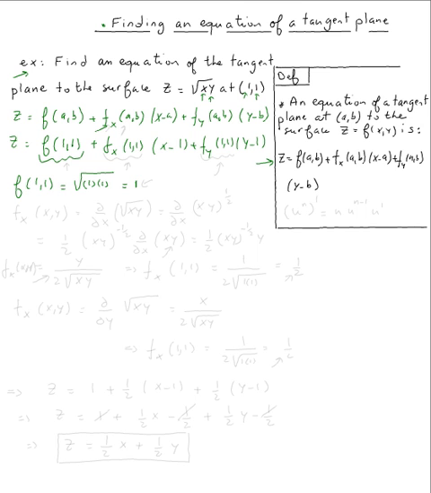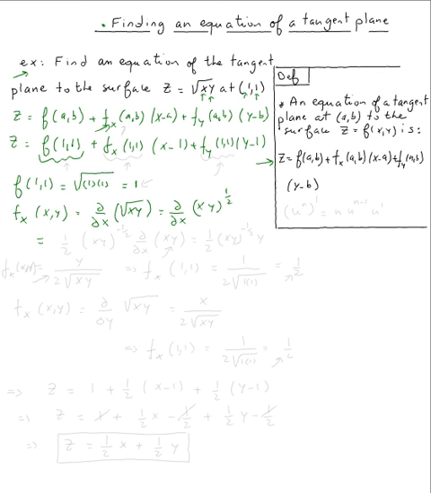Now before we find partial derivative with x at 1, 1, first we need to find fx at any xy. Now this is going to be partial with respect to x of our function. The easiest way to do this, I'm going to rewrite it as xy to the 1/2, just to be safe.